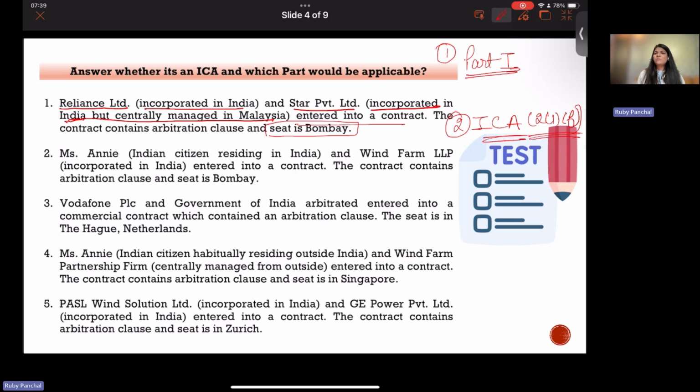So, does part 1 apply here? The answer should be yes. Why? Because the seat is in Bombay, which is in India. So, part 1 applies. Now that part 1 applies, the definition of ICA as per 21F would be applicable.